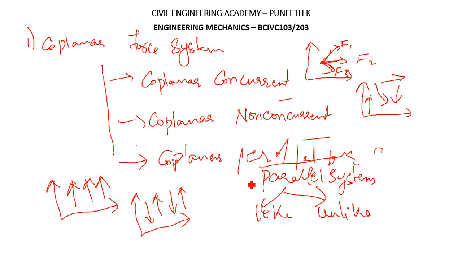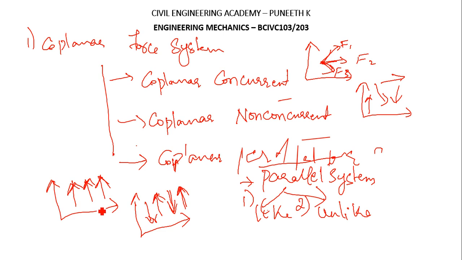Now I said under the category of coplanar parallel we have two categories: one is like and the other one is unlike. Please observe the change in the diagram with respect to like and unlike. In the first, the arrowheads of all the forces are in the same direction. In the second category, the arrowheads are in different directions.